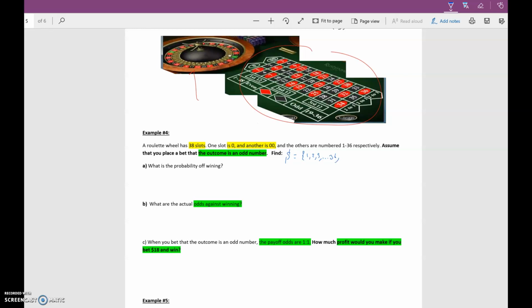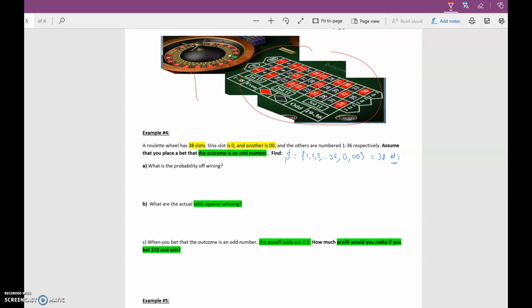And then the roulette they're referring to in this case also has a 0 and a 00. So this is giving you 38 outcomes.